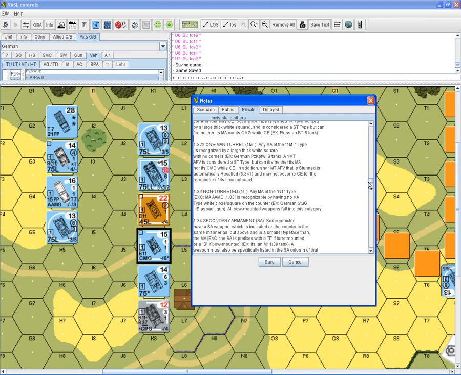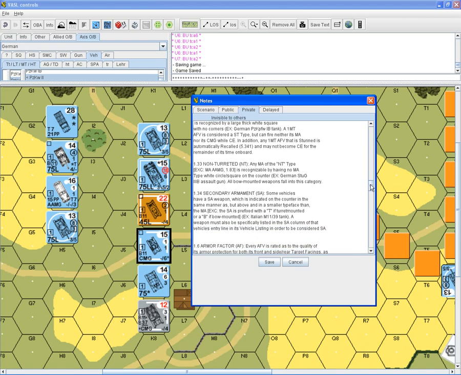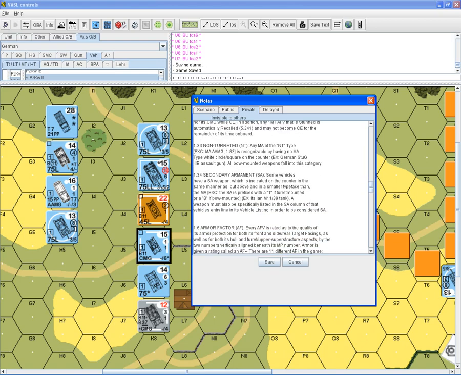And lastly, but not least, we have a special secondary armament vehicle. Some counters have an SA, secondary armament, which is indicated on the counter in the same manner as the main armament, but it has a prefix of T or B, T meaning turret mounted or B meaning bow mounted, and it's represented above the main armament on the vehicle counter.